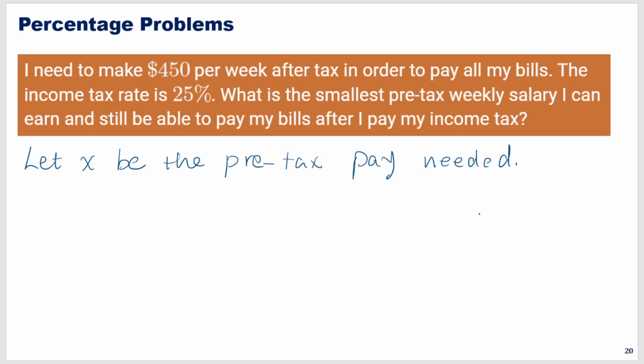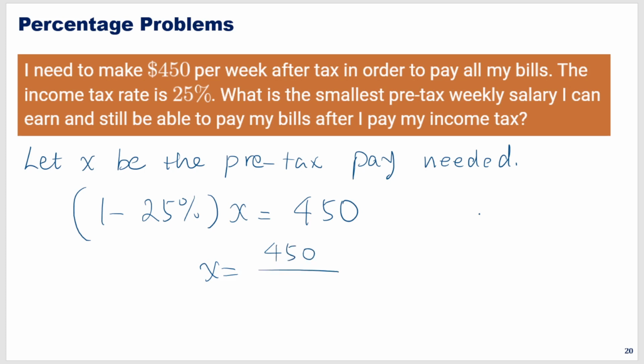All right, so basically we need the after-tax pay must cover the bills, right? Which is 450. So after the tax, I only have 75%, or actually 1 minus 25%, of the pre-tax pay X, right? That must equal $450. And of course, one equation, one unknown variable, you should be able to solve X. So X is just 450 over 75%, right?